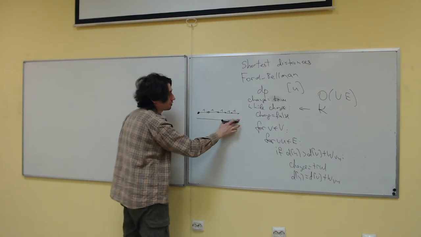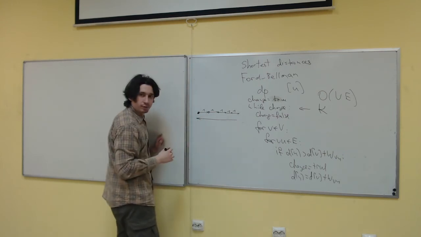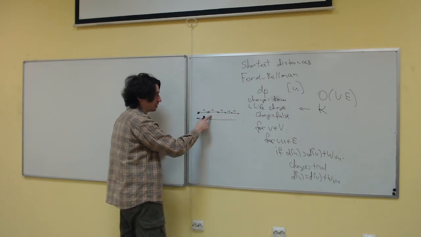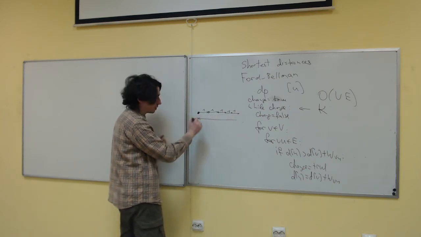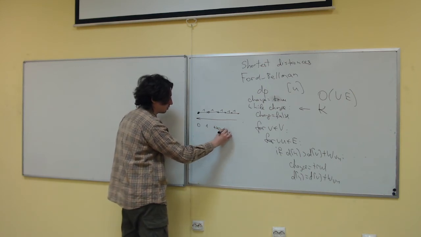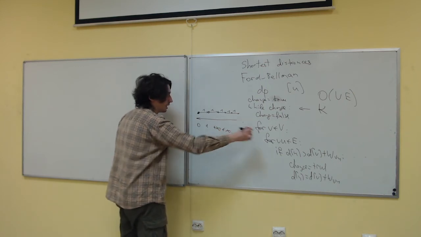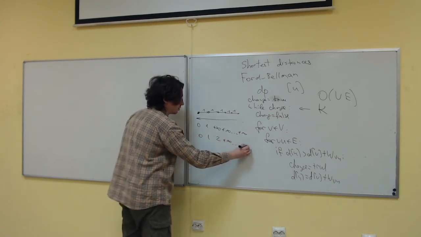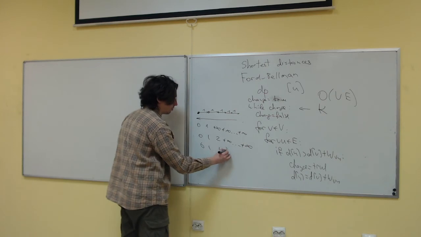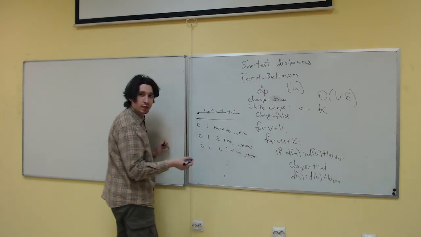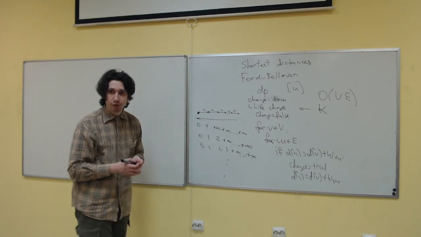But if you do this vice versa, from the right to the left, then there is nothing to be updated here. Oh, we updated this one, so it will be 0, 1 plus infinities. Then again, from right to the left, it will be 0, 2 plus infinities. Then 0, 3 plus infinities, and so on. And it will take a linear number of iterations.